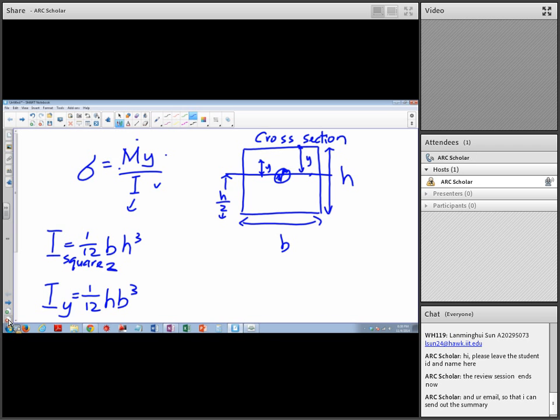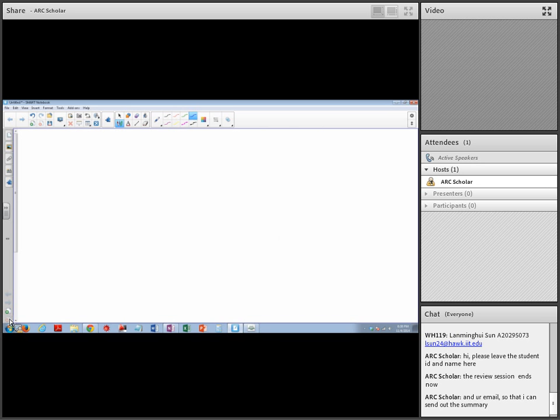I'll go through a different example and see that. It depends on how you curve the beam. Let's say we are curving at this point, the y is... if this thing is curving out here, the y is this.